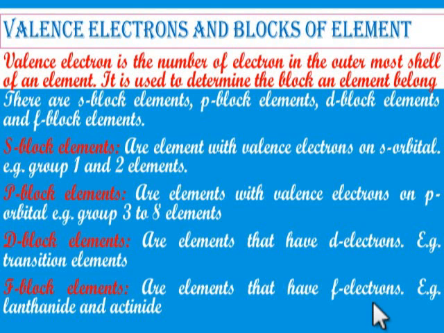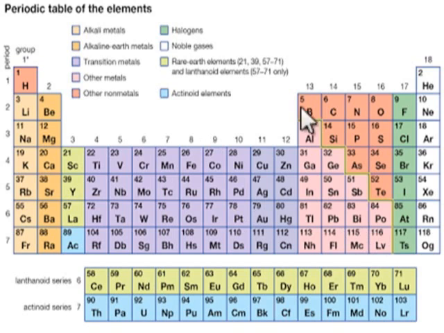P block elements are elements with valence electrons in the p orbital. Examples include elements in group 3 to group 8. All these elements from group 3 to group 8 are p block elements. Why? Because they have their outermost electrons in the p orbitals.